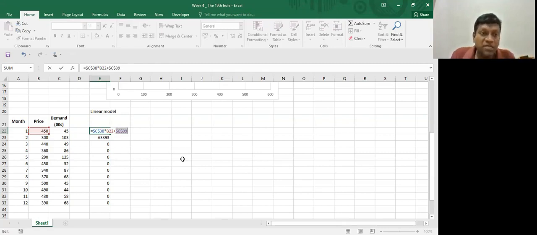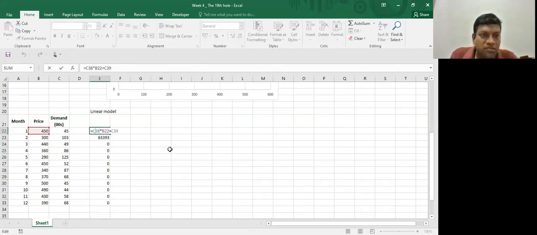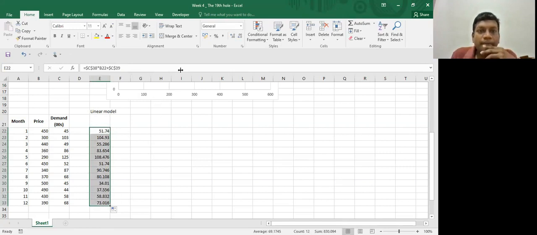And B22, I want it to shift when I pull down. So let me pull down the formula. Sorry, I didn't change it. One second, please. F4, lock that, plus enter. Okay, committed that, and now drag it down. So this is the demand which is predicted by the linear model.